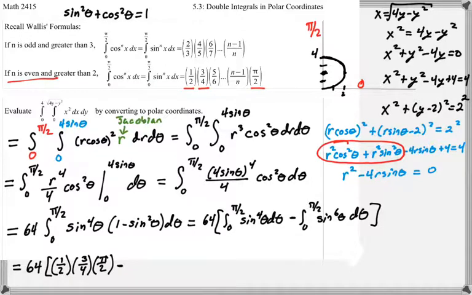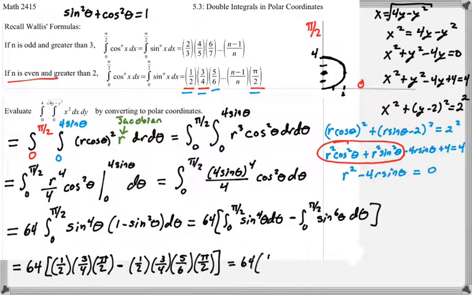So the exponent there is a 6. And so we're going to go 1/2, 3/4, 5/6, and pi over 2. Your n is 6, so that's where we're going to stop. So 5 over 6 times pi over 2. Okay, so there's going to be 64. We're going to factor out a 1/2, a 3/4, and a pi over 2.